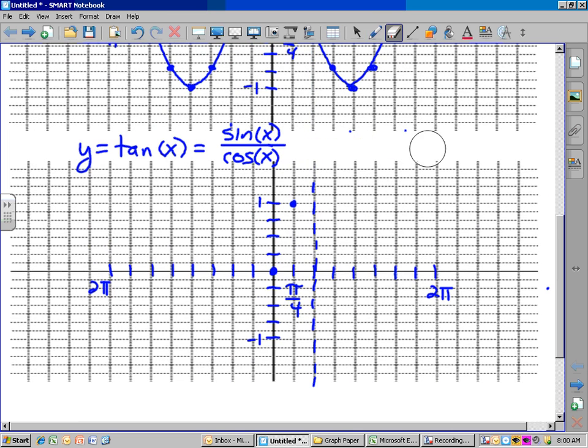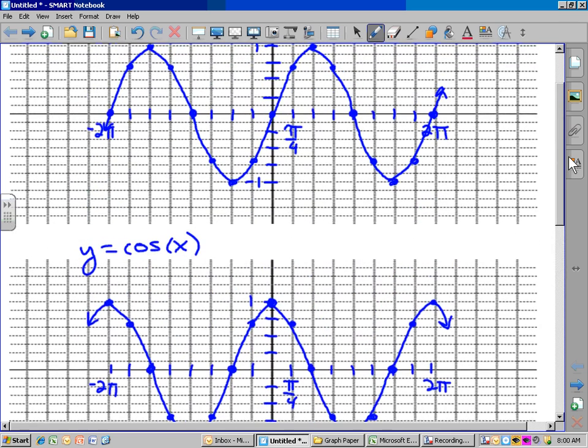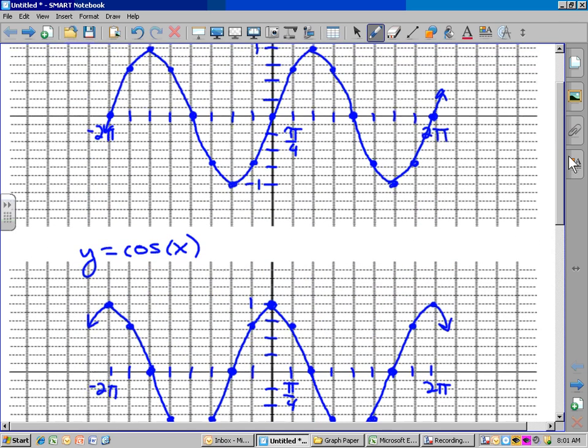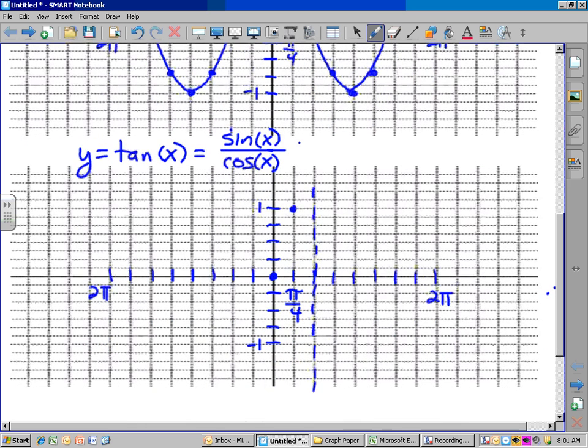Okay, let's go negative 45. Let's go that direction so I can show you the rest of this pattern. Whereas, what's negative 45 or negative pi over 4? Where's sine? Negative 0.7, where's cosine? Positive 0.7. So what's negative 0.7 over positive 0.7? Negative 1. All right. We're about done.